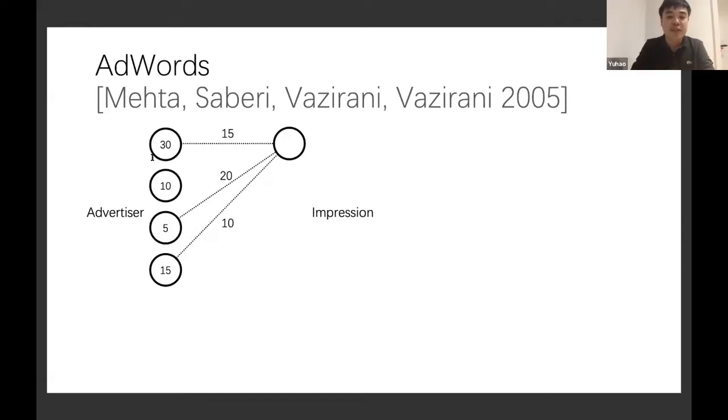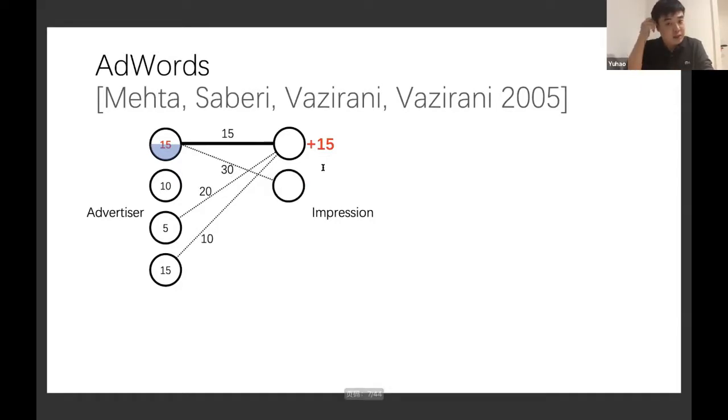For example, if we display the first ad to this impression, we will have $15 of gain. And if we display this ad, we will have $20 of gain. But notice that because the budget is only $5, even if we choose this $20 edge, we only get $5. And this edge is $10. So maybe this time we choose to display the first ad to that user, and we get $15 in this round.